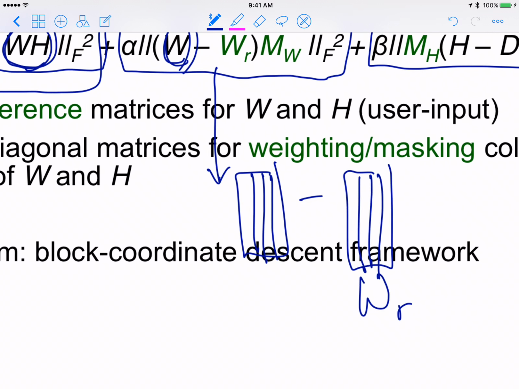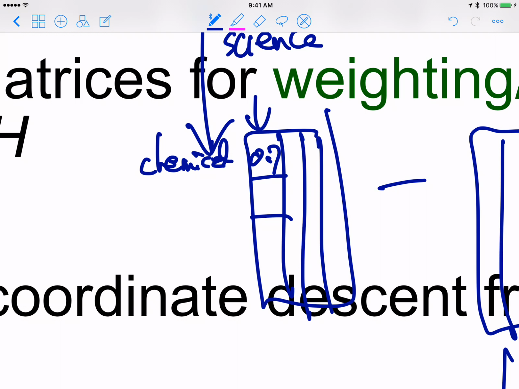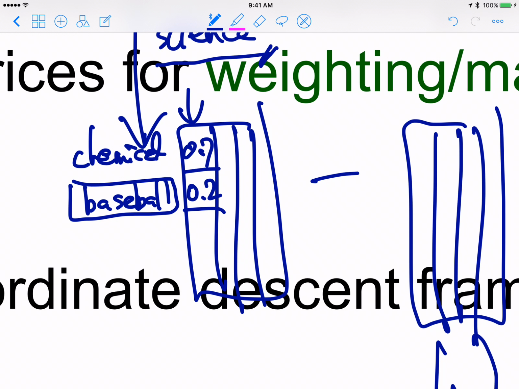In this case, in the first virtual document about science, the topic modeling result gave you the weight of a keyword, maybe chemical, as 0.7, and maybe baseball as 0.2. So it means there exists some relevance between this science-related virtual document and the keyword baseball. But we want to make it directly 0.